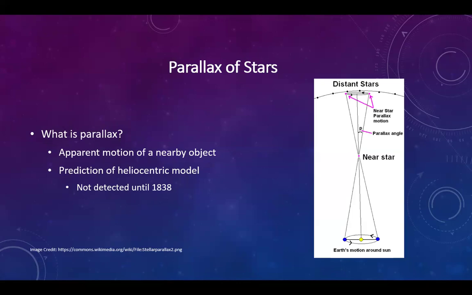That's less than 1/60th of a 60th of a degree across the sky. Which is why it wasn't discovered until 1838, because you can't actually see parallax without telescopes.